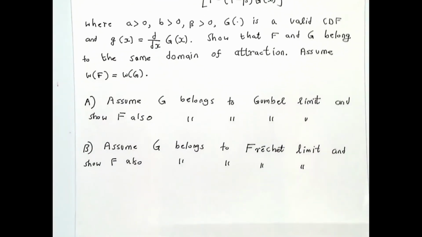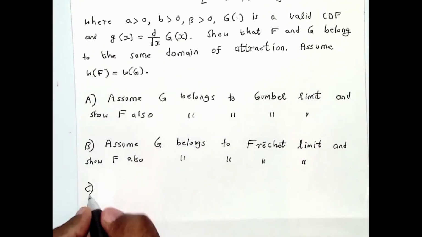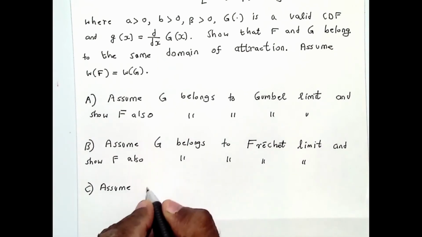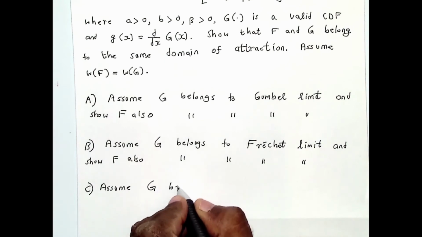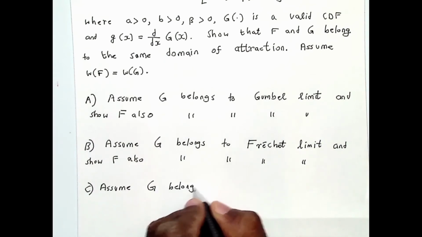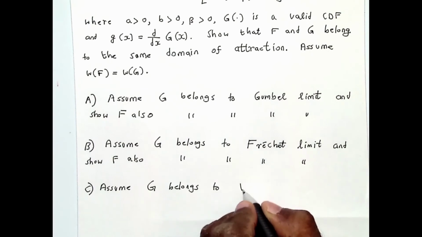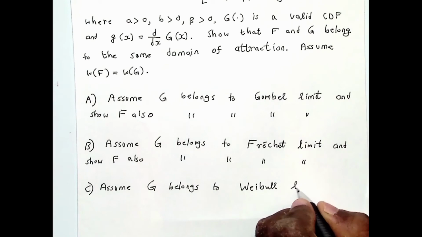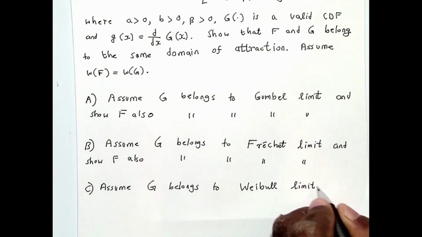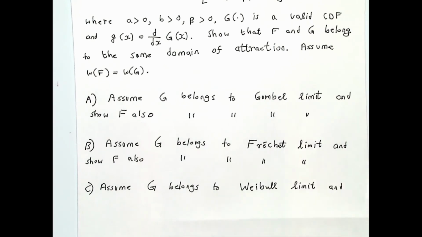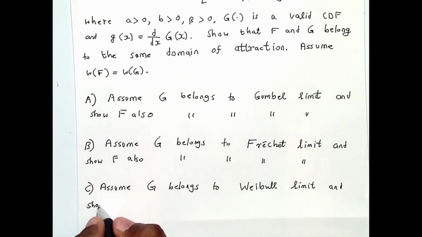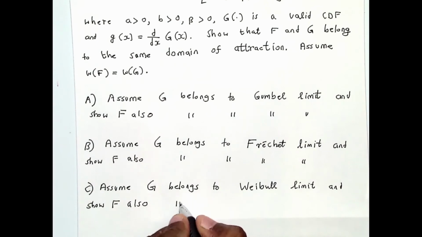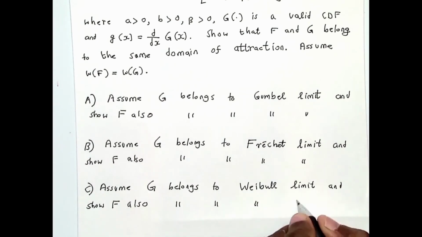And finally, part C is to assume that G belongs to the Weibull limit and show that F also belongs to the Weibull limit.